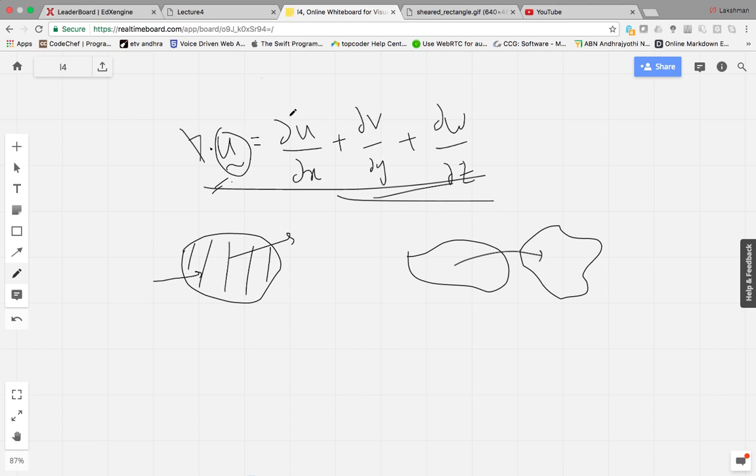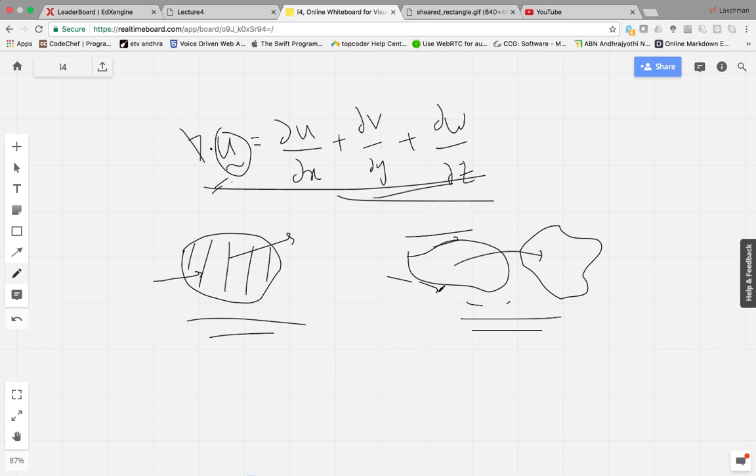So that's one kind of interpretation. I gave two examples, one is fixed, another is moving. In the moving case, if you consider a fluid particle, it is subjected to forces every time because it has fluid all around it. It's just passing through another fluid region, so it is subjected to forces here.